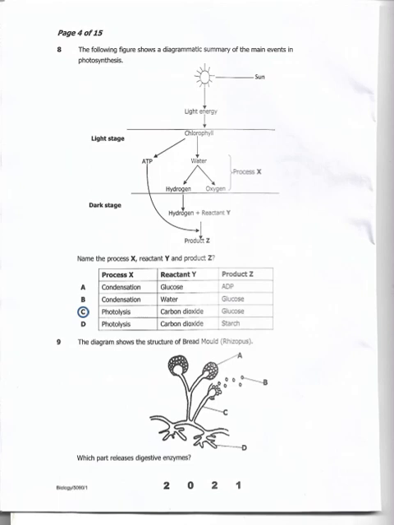Name the process X, reactant Y, and product Z. The process happening there is photolysis, the splitting of hydrogen and oxygen. This is when light helps to split the oxygen and the hydrogen. That's what is called the light reaction.